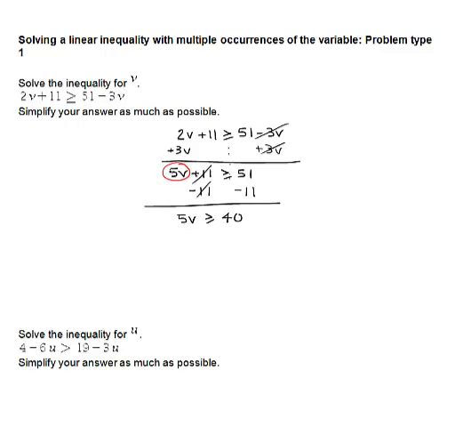Now I'm trying to get my v by itself, and because I'm multiplying by 5, I'm going to divide by 5. My 5s cancel out to just a coefficient of 1 for my v, and that's greater than or equal to 8. So my answer is v is greater than or equal to 8.